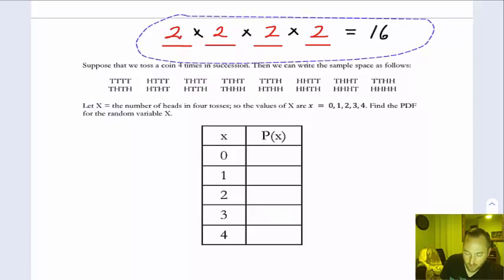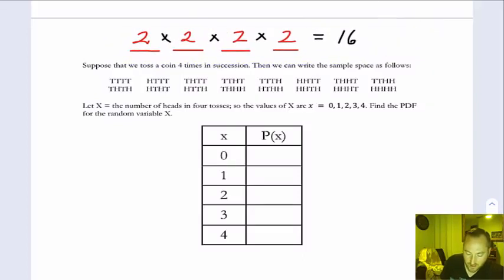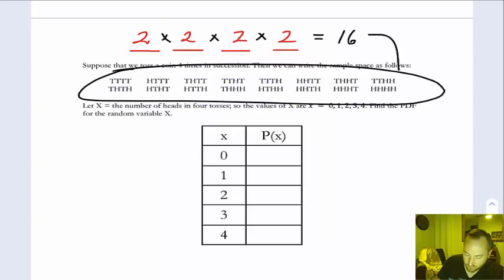And that gives us 16 ways total. I'm pointing this out because down here in our sample space, we see that we have 16 outcomes. So this is the sample space, and think of it as your population.